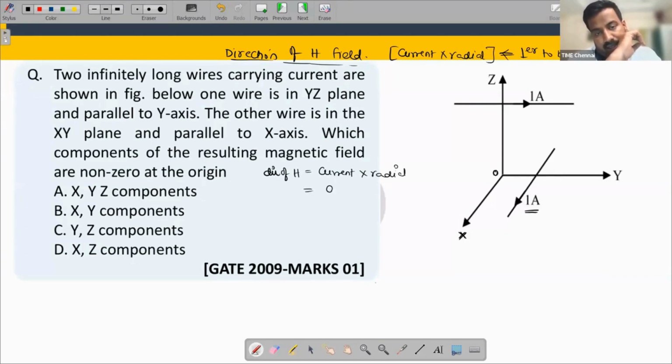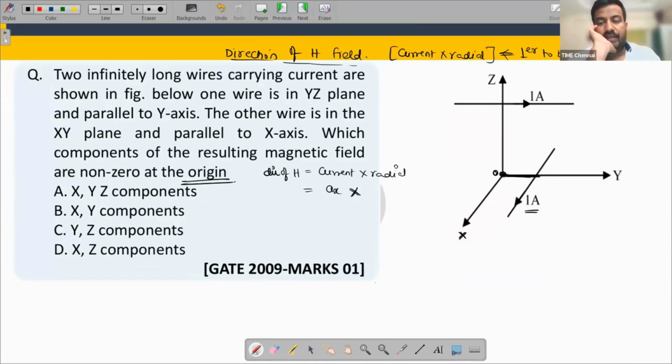Here current is in X direction, AX, cross the radial distance between this current element and the point of evaluation, because he's asking us to find at the origin here.